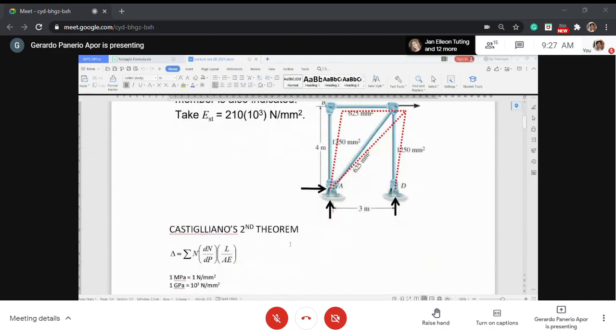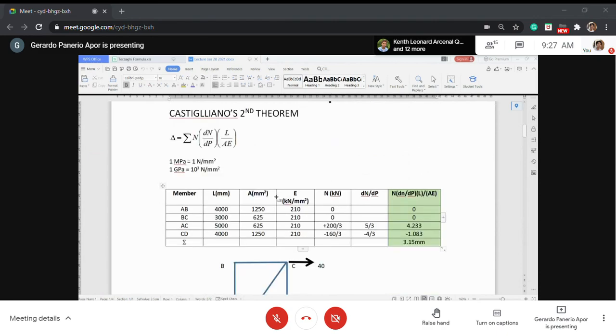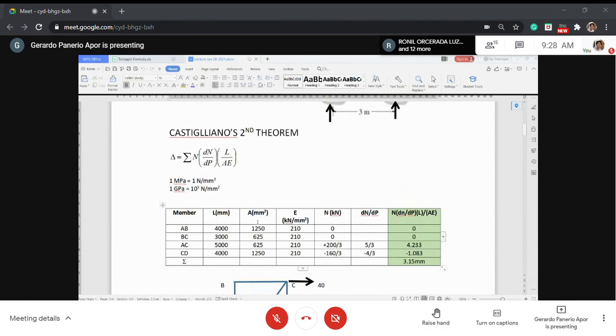The area is given also here, and the E. So meaning all of this inside the parentheses are constant, and you can tabulate it in columns. Like the second column, you have the length of all members here. Summation means all members. And then the third column for the area, and then the next column is for the elasticity.